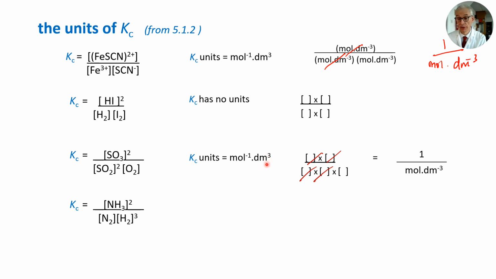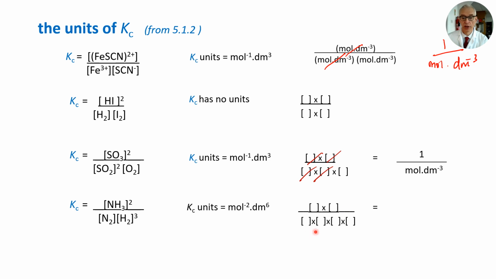Okay, so I'm going to reveal the last one. So the units are moles to the minus 2 times dm to the power of 6. Achieved by writing out concentration squared on top, that's moles per decimeter cubed on top.